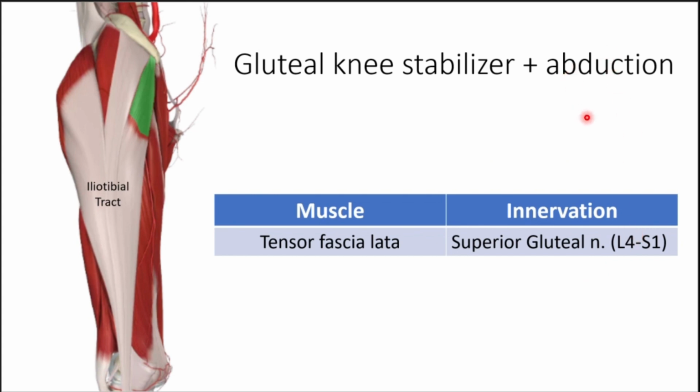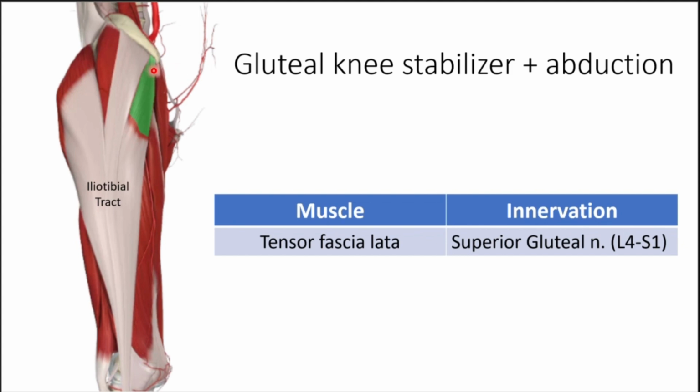As seen in previous lectures, the muscles of the gluteal region can be broken down by their action on a joint, that being the hip joint. Starting off, the tensor fasciae lata is a muscle that arises from the anterior part of the outer lip of the iliac crest, the lateral aspect of the anterior superior iliac spine, and the upper part of the anterior border of the iliac wing.